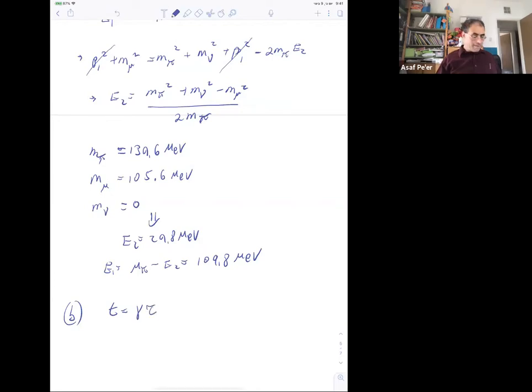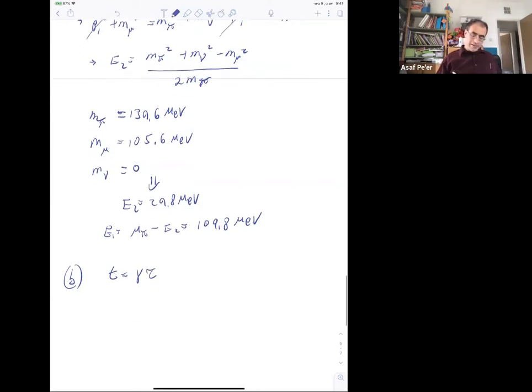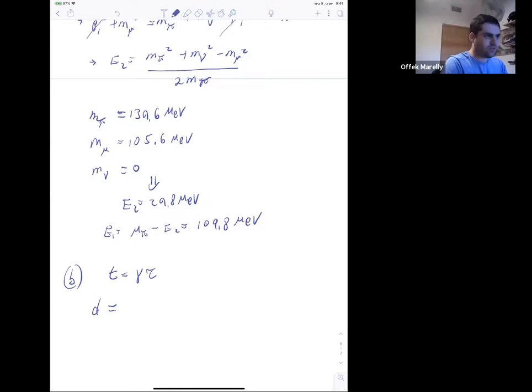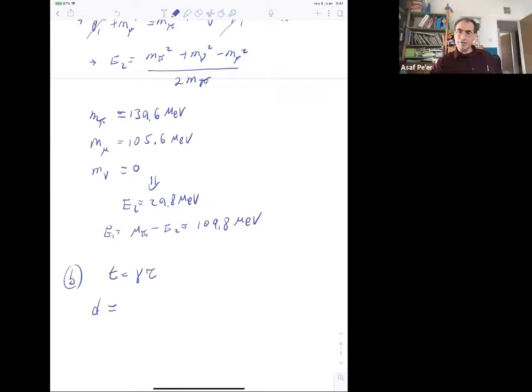Gamma times tau. And what is the distance that it travels? What's the formula for the distance that it travels? Velocity times time. Right, that's true. What is the velocity? How do you write it?